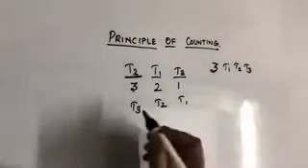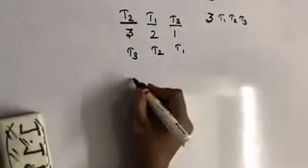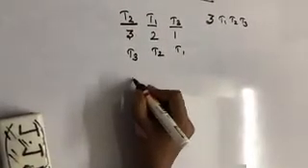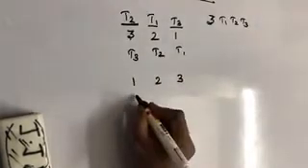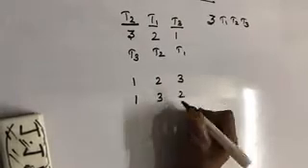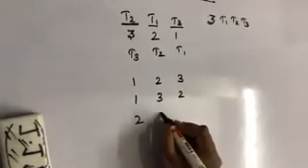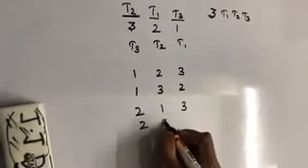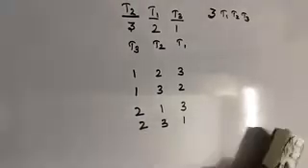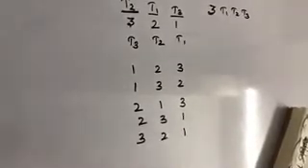Okay, so if I keep the toys in the order 1, 2, 3, or 1, 3, 2, or 2, 1, 3, or 2, 3, 1, or 3, 2, 1, or 3, 1, 2.